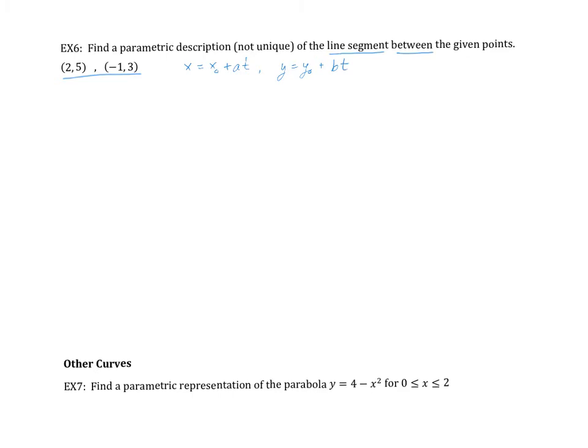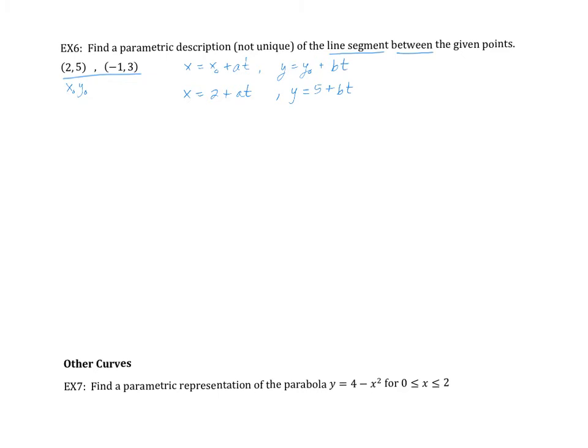So I am just going to let my x sub 0, y sub 0 be the point 2, 5. And again, you could have chosen your x sub 0, y sub 0 to be the negative 1, 3, since we weren't given a direction. That will give me x equal to 2 plus at, y equal to 5 plus bt.